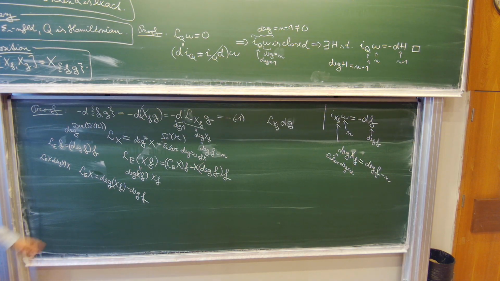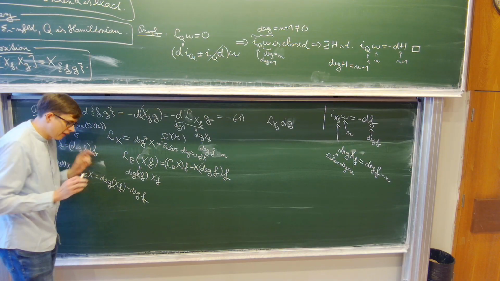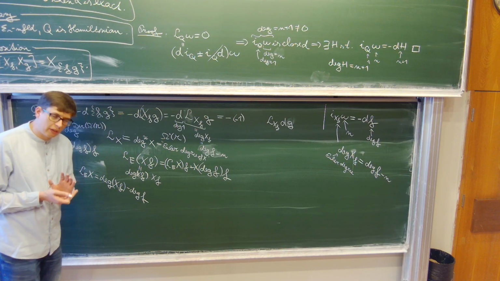We choose the Euler degree. So what does it mean, degree in the sense of vector fields? That means it's the amount by which it increases the degrees of functions.